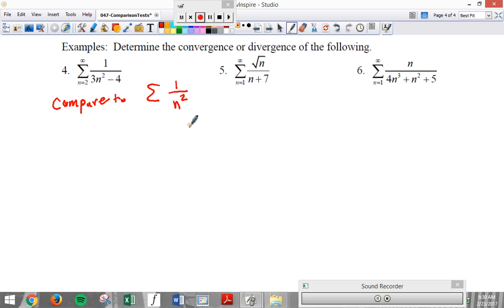And that's how easy this can be. And I would say, oh, that is a p series with p equals 2, and 2 is bigger than 1, so this converges by the p series test.